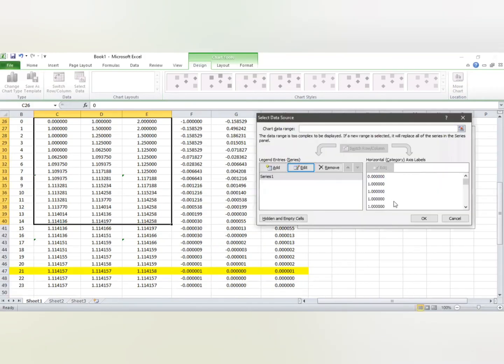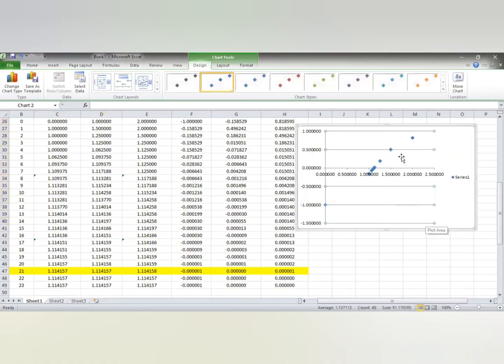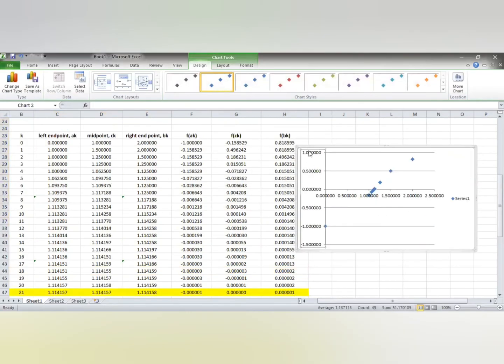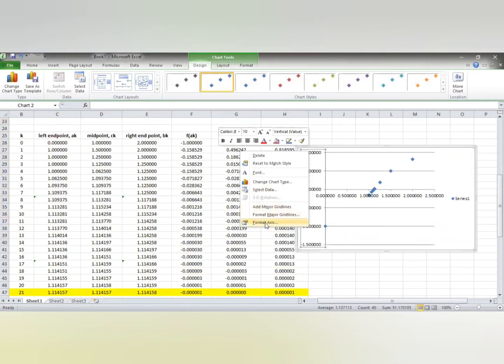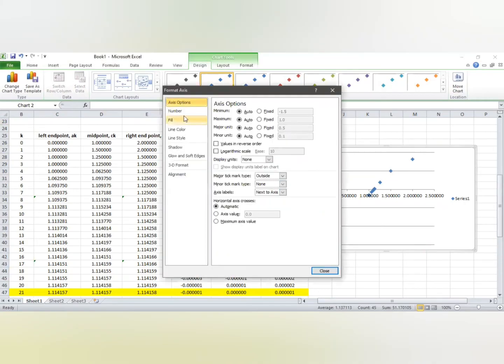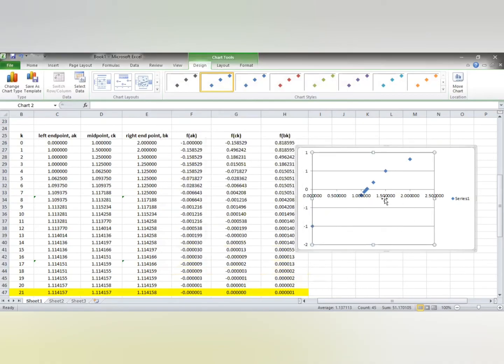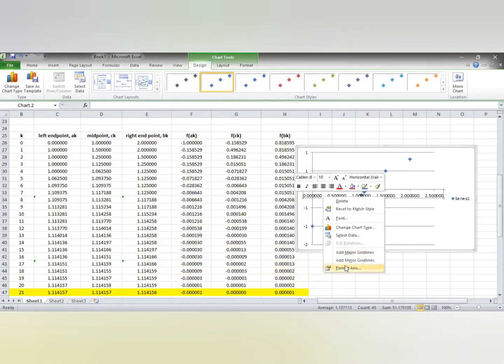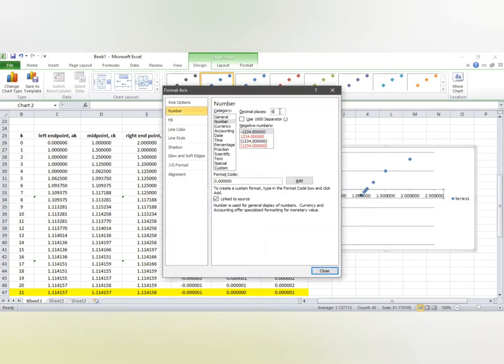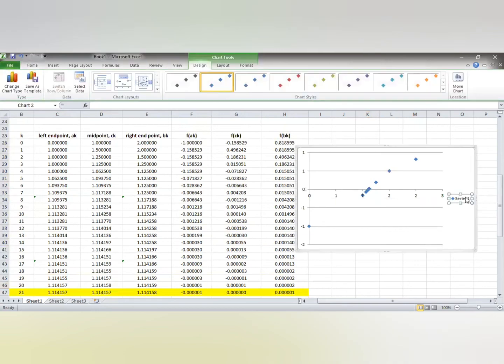Okay. So we need also to edit the axis. For the y-axis, because we consider 6 decimal places, I have to put 0, so make it a whole number. Then here, okay, so I have to delete.